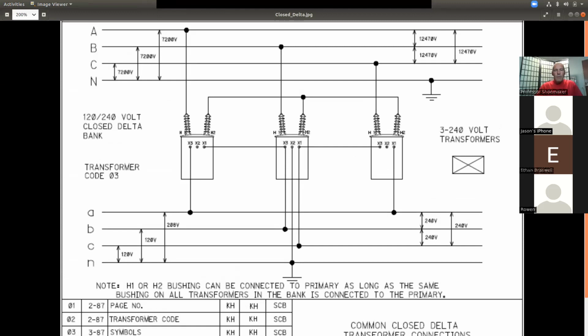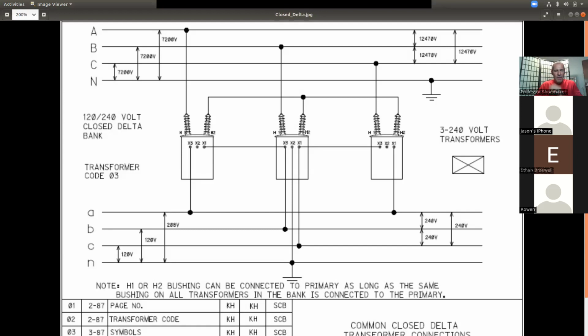All right, so how many transformers are in a closed delta bank? Like 3. 3, right. So open delta is the only transformer bank that has 2 transformers. Closed delta and Y banks have 3 transformers.